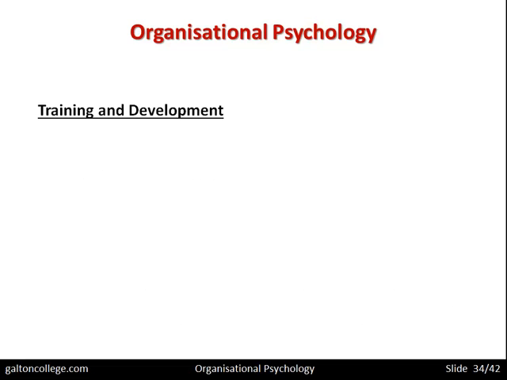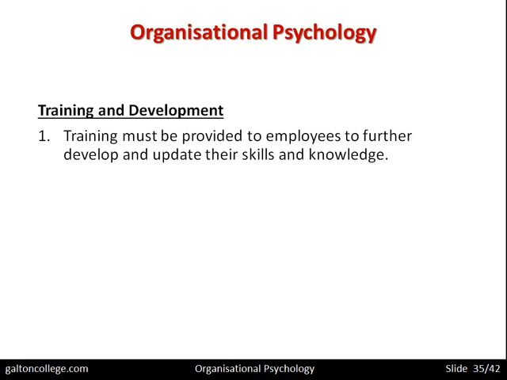Training and development. Well, training must be provided to employees to further develop and update their skills and knowledge. Well, organisational psychology could be involved here to try and find out what sort of training, what's the best way the training programs can be organised and delivered, and what are the outcomes that can be expected, realistically expected, from the training programs.